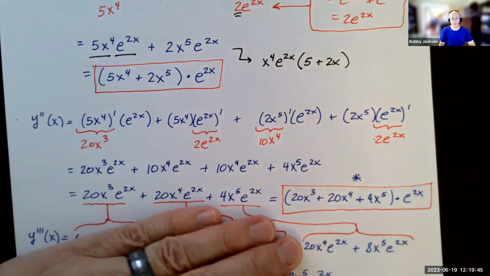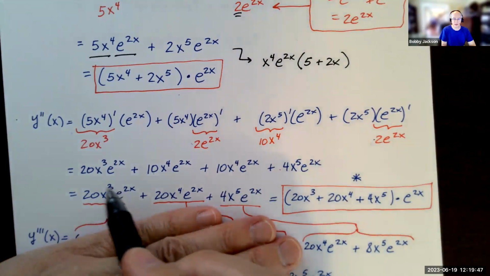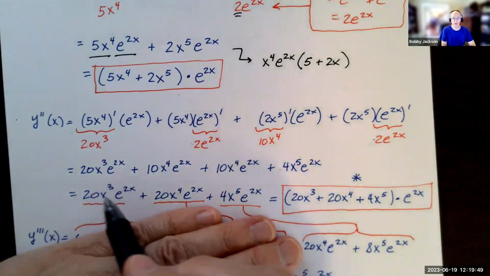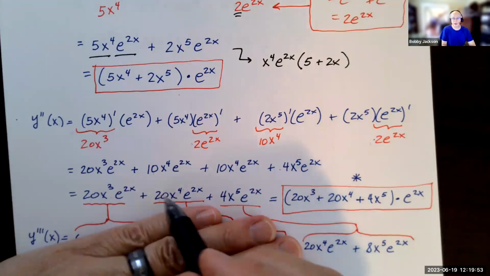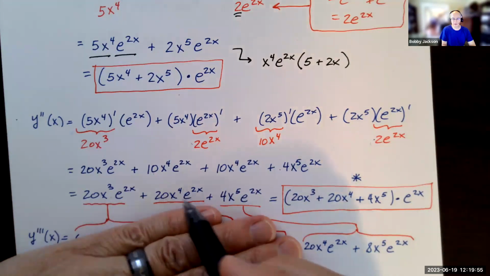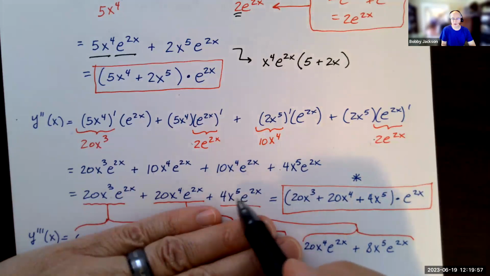Now, third derivative, well, yeah, it's going to be a little complicated because this one requires product rule, right? 20x cubed times e to the 2x. This requires product rule, 20x to the fourth e to the 2x, and this requires product rule.